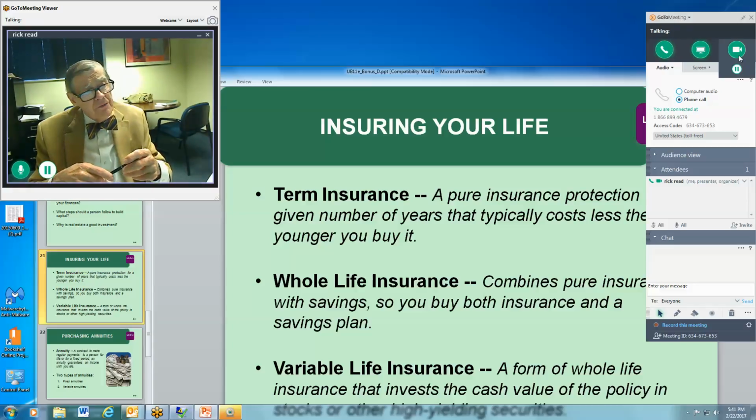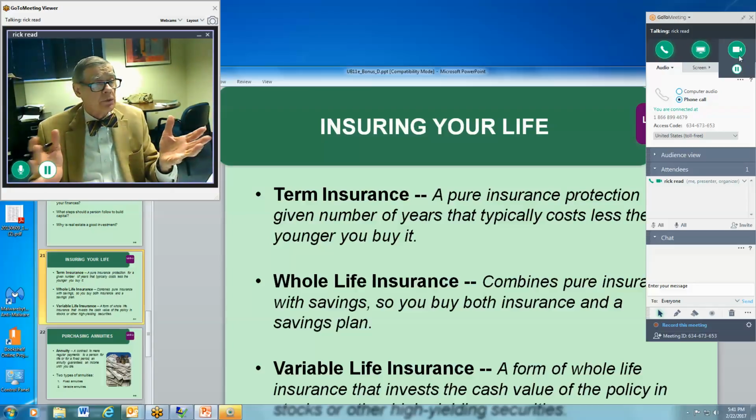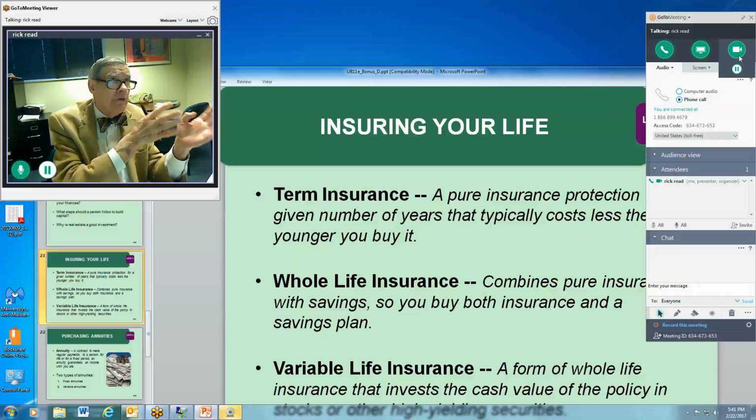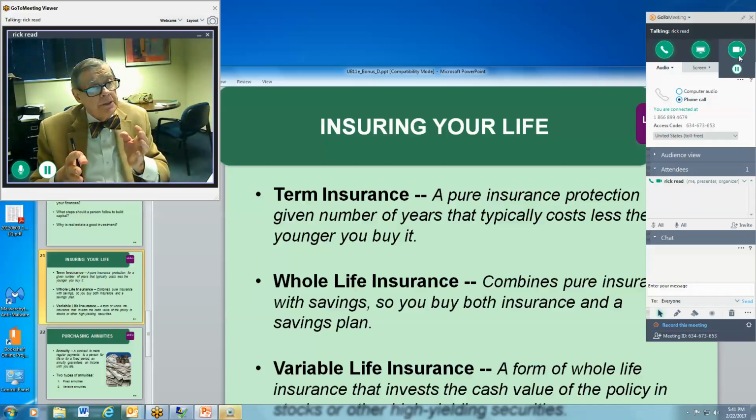Whole life insurance gives you some insurance, which covers through the remainder of your life, and it's also a savings account in a way. You have the face value of the policy, and then there's some savings that go along with it. You need to check with your agent or check with an agent and see what that is, and buy insurance that is best for you.